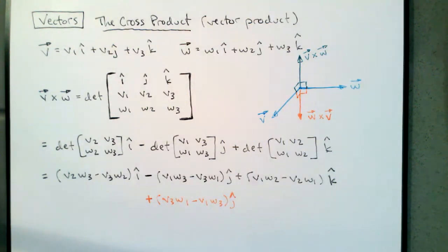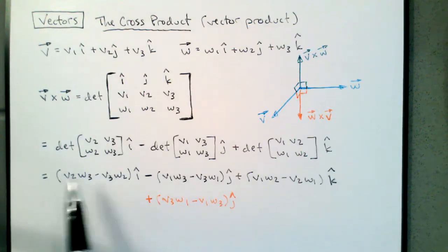I do not know which one will be better for you to remember, because in both cases, you've got to remember something. I always put the terms in order, 2, 3, 3, 2, 1, 3, 3, 1, 1, 2, 2, 1, and then remember that the second one has to be the opposite.